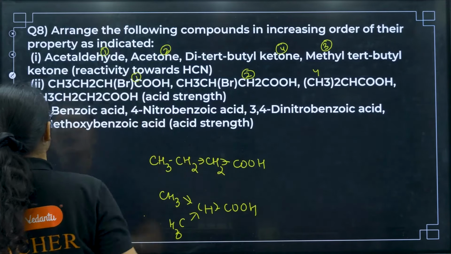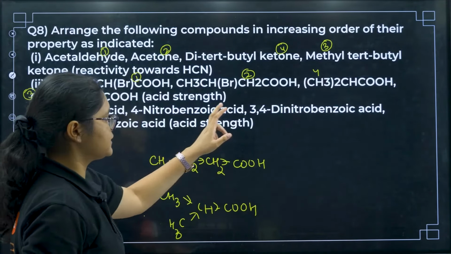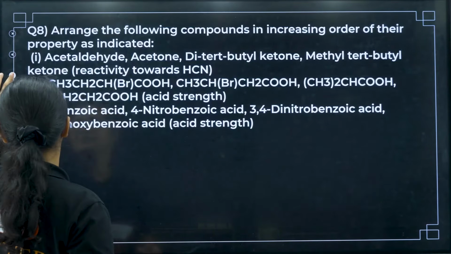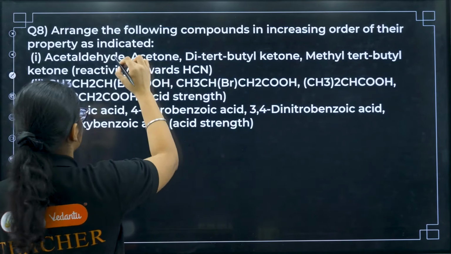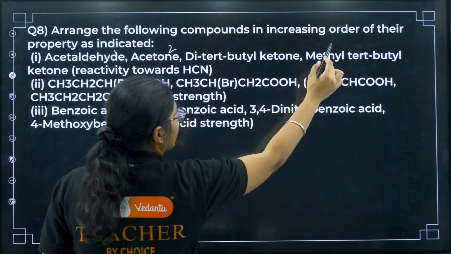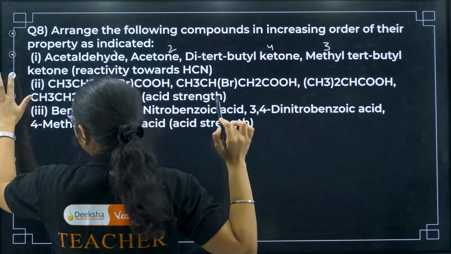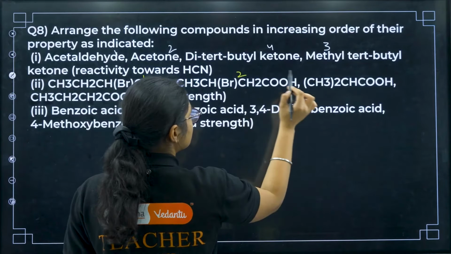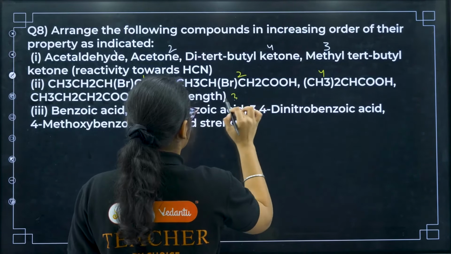Next, benzoic acid, nitrobenzoic acid, 3,4-dinitrobenzoic acid, and then you have methoxybenzoic acid. Just a minute, I'll write down 1, 2, 3 and 4 here, and here I have 1, 2, 4 and 3.